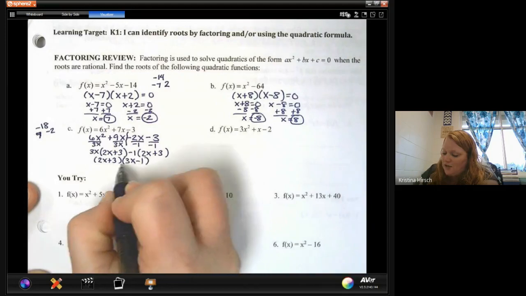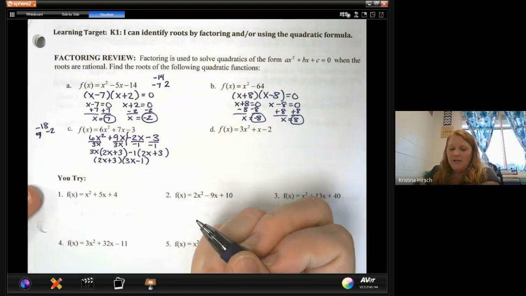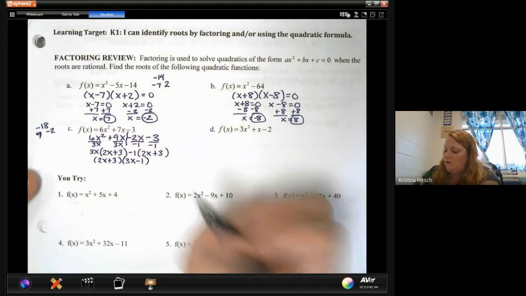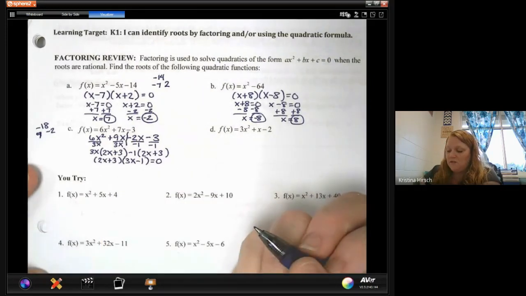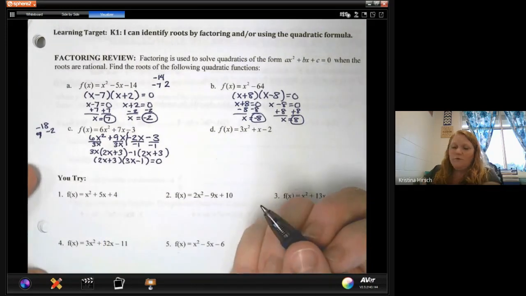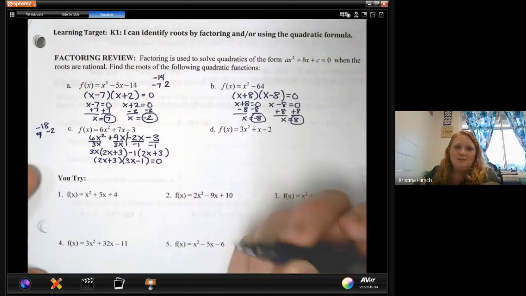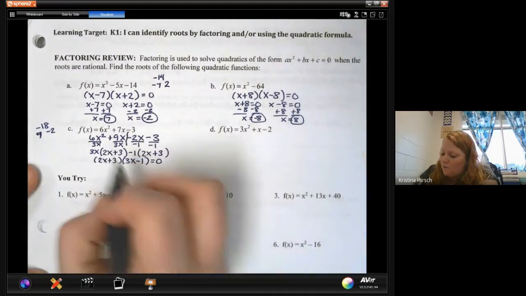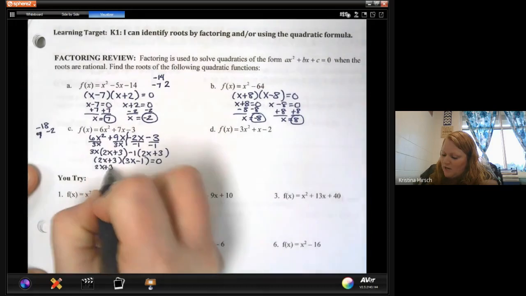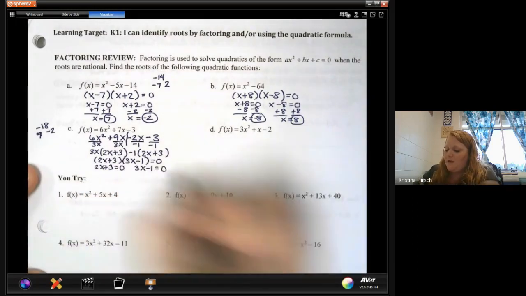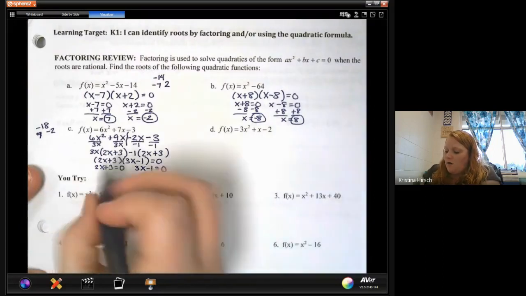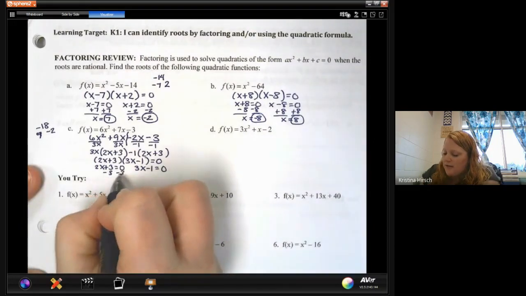So now that we've factored it, now we can set it equal to 0 and solve for x, because we need our actual solutions. Remember, solutions are also called roots, zeros. They represent the x-intercepts on a graph. All right, so we're going to say 2x plus 3 equals 0 and 3x minus 1 equals 0. So for the first part, we would subtract 3 from both sides.